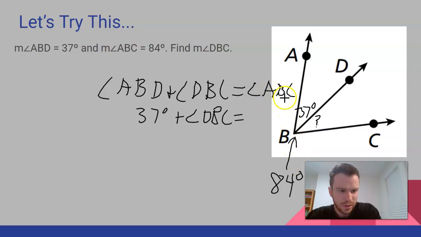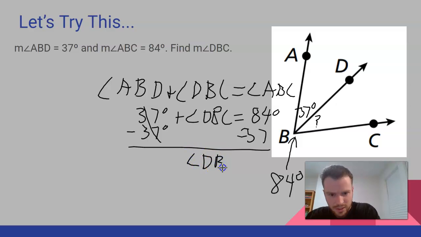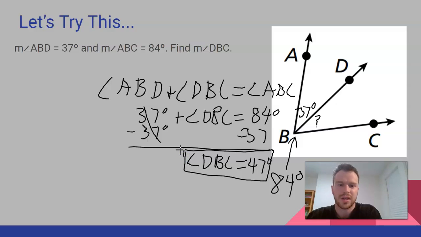I can substitute for angle ABC. It's 84 degrees. Then I can solve this like an algebra problem. I'll subtract 37 degrees on both sides. That'll cancel. So now I'm left with angle DBC equals, now what's 84 degrees minus 37? Well, it's 47 degrees. So the measure of angle DBC is 47 degrees.